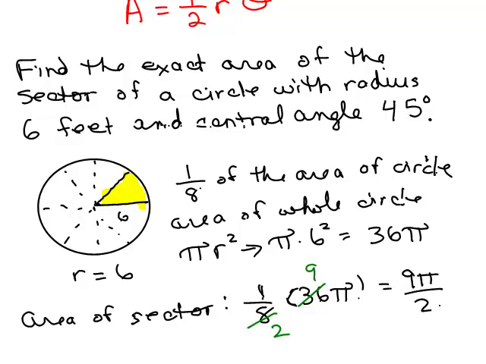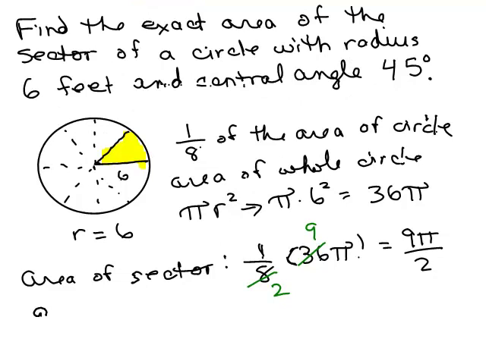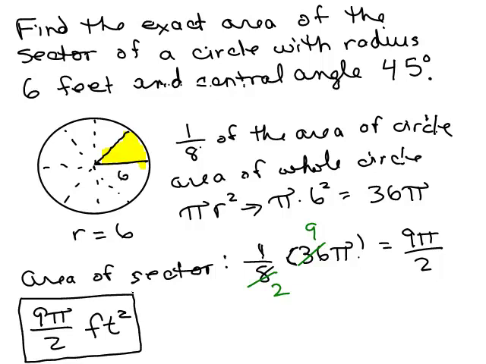So it looks like it's going to be 9 pi over 2, and this is actually square feet because we are talking about area, so our final answer would be 9 pi over 2 square feet. I did not use the formula. Now we're going to do the same problem again using the formula.